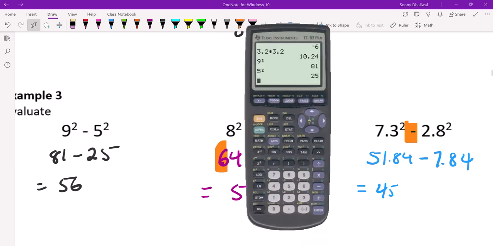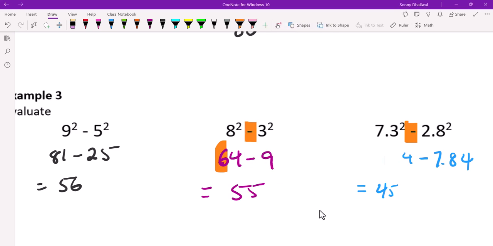Oh, sorry, Elise, the first number is not right. Yeah, it's 53.29. Okay. And we get 45.45. There we go. All right.